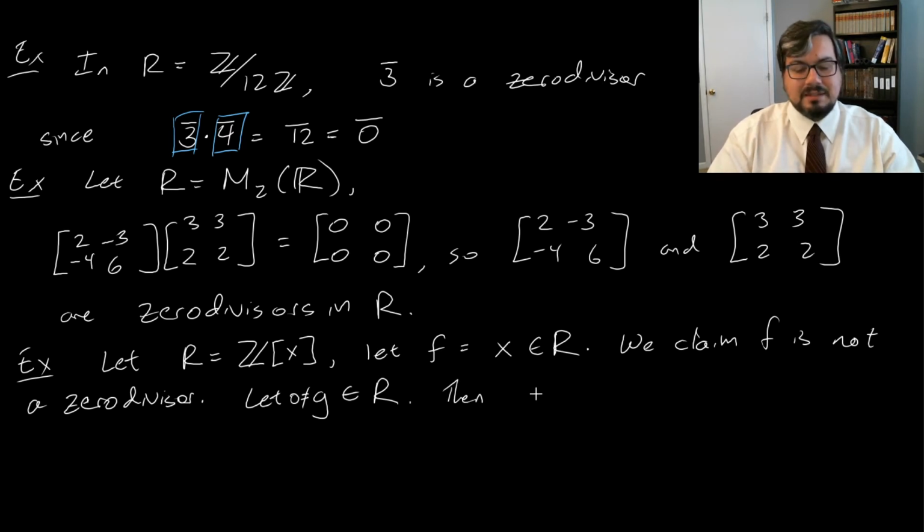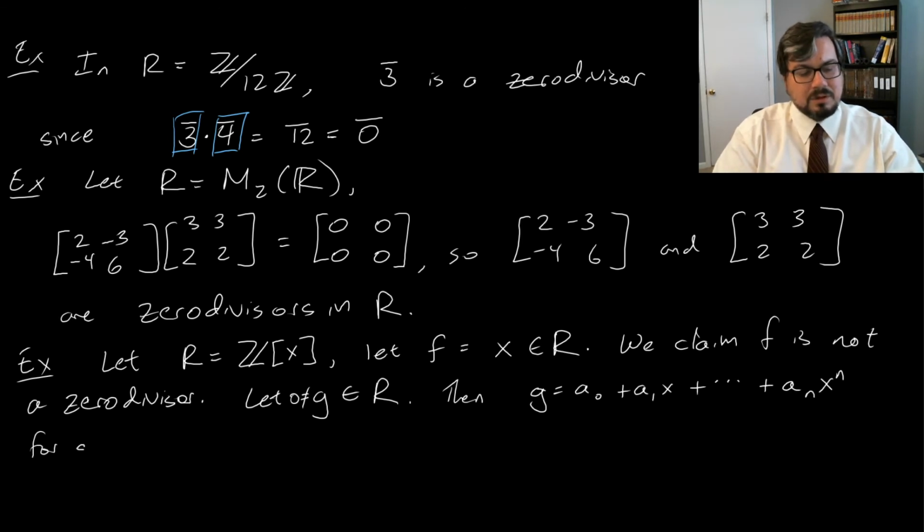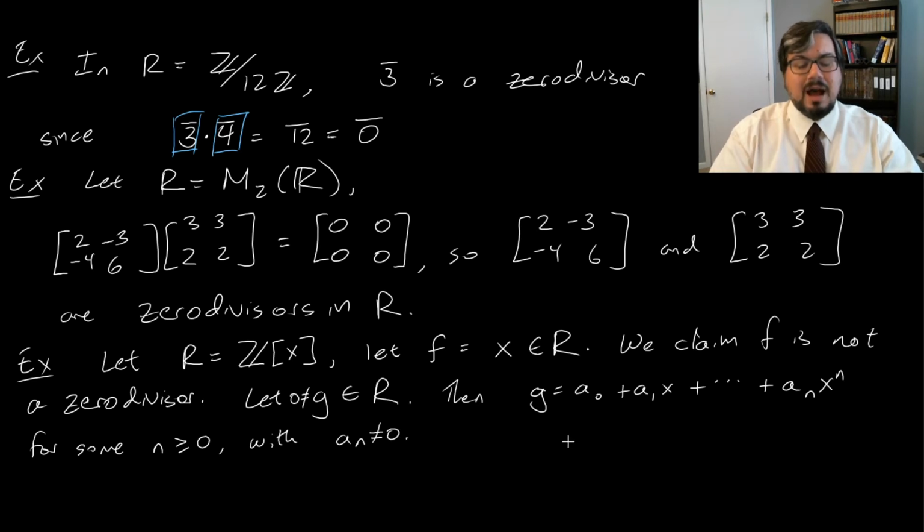So that means that G is equal to a polynomial, a0 plus a1x plus ... plus anx to the n for some n that's at least 0, and importantly, with an not being 0.